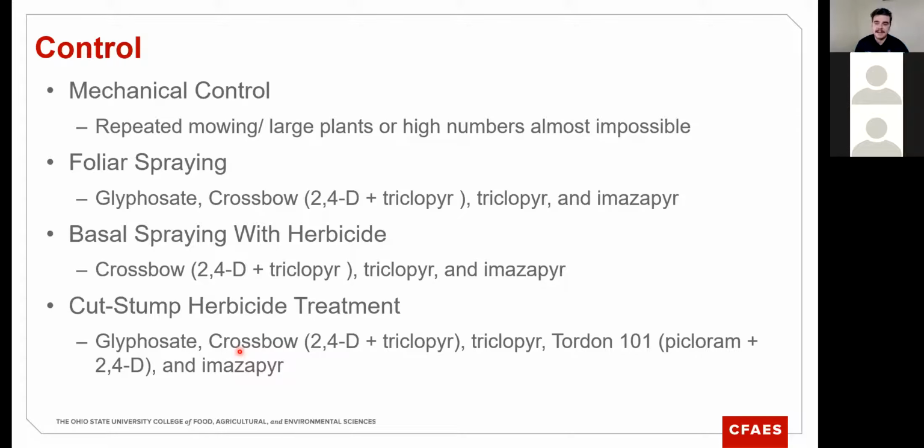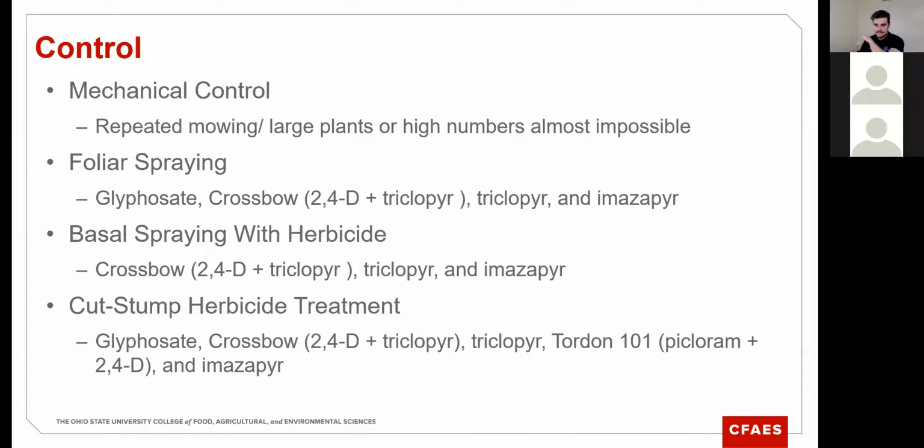Depending on what herbicide you use, you want to make sure you apply it at the right time. If you are using a water-based treatment, a lot of the glyphosates are water-based treatments, you must make the application to the stump immediately.